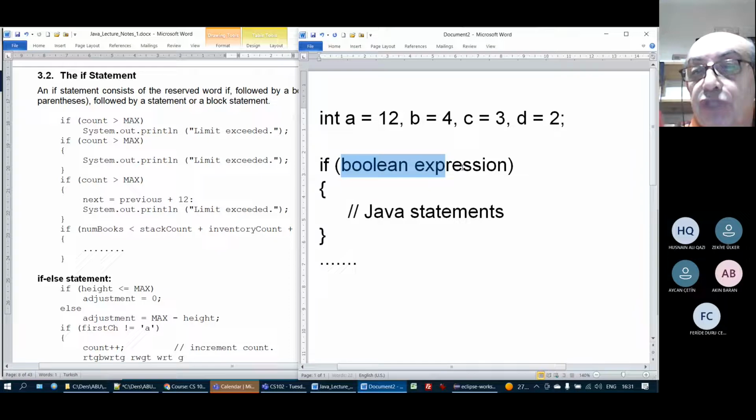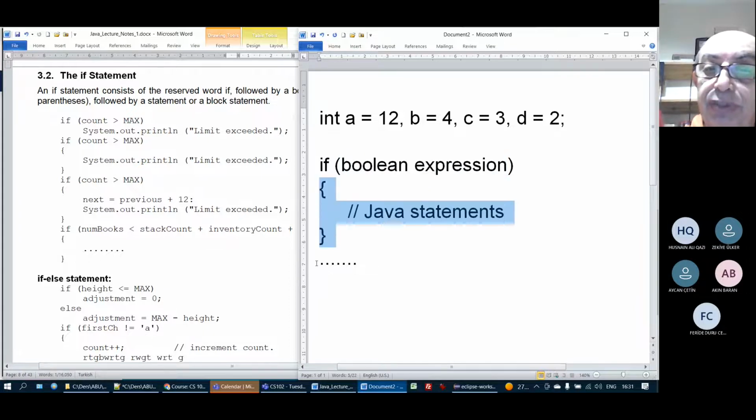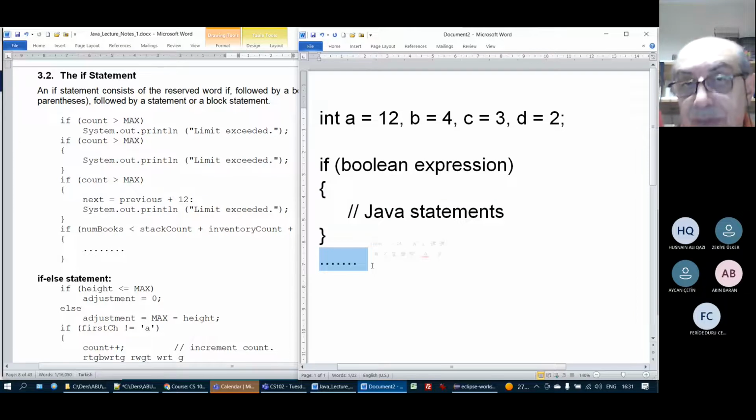If the Boolean expression is false, it does not execute this. It directly jumps to the next statement. Just the same as the if statement in Python. But the first difference is, we must put parentheses. Parentheses are a must.